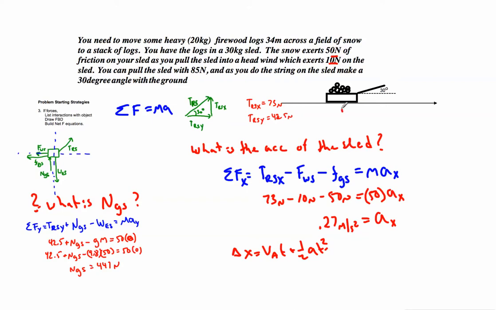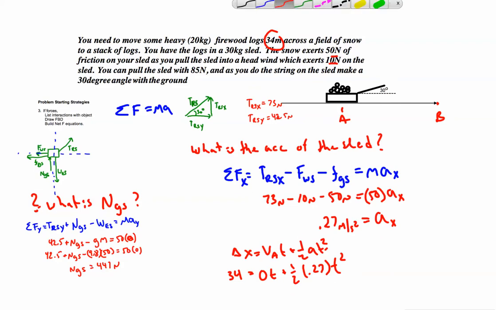Sled starts here at A, ends here at B. So then delta x, 34 meters, equals 0 times t plus 1/2 times the acceleration, which we just found out, 0.27, times time squared. And that comes out to a little bit less than 16 seconds.